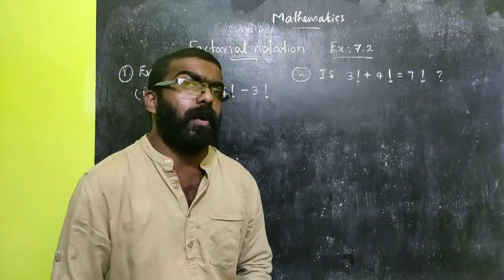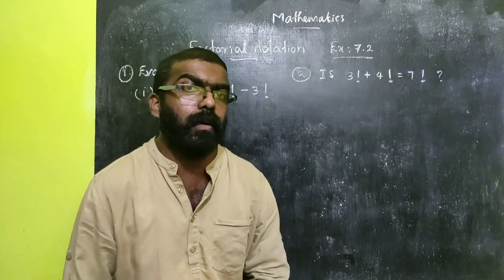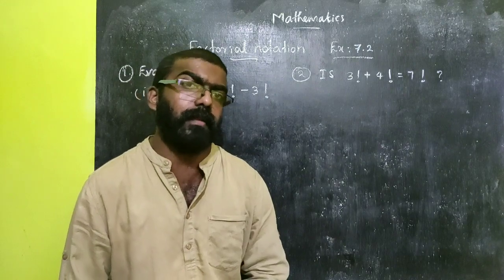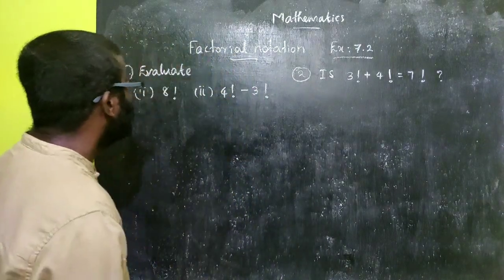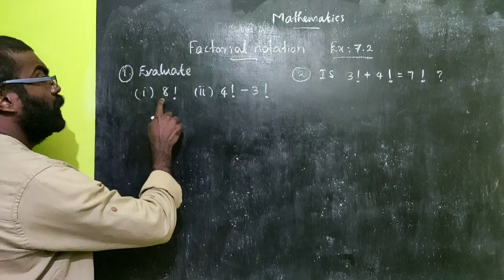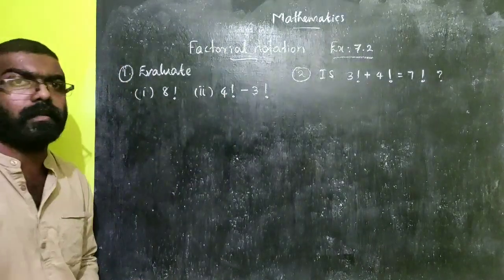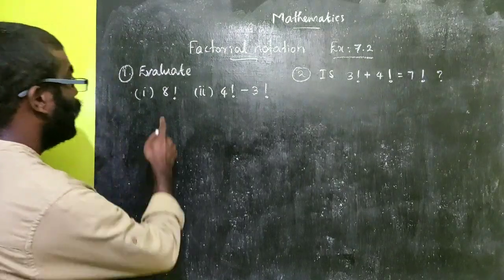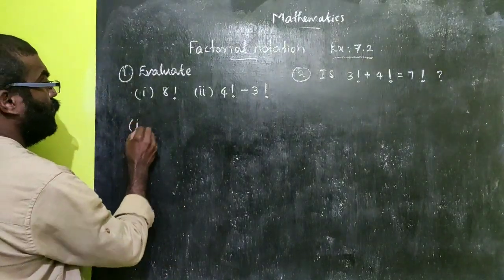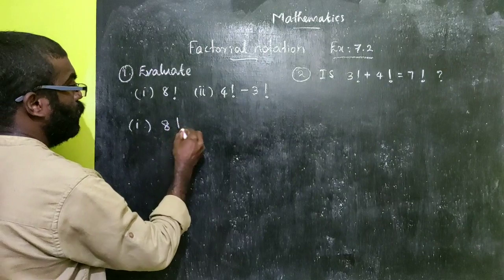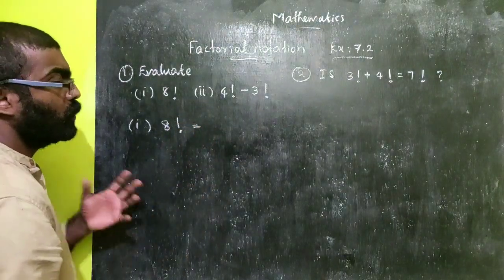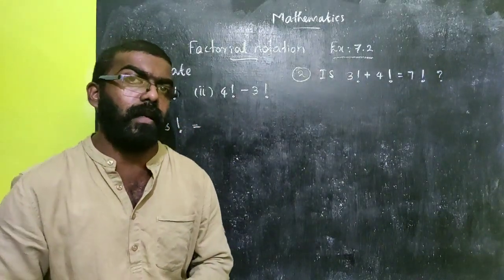Now we shall discuss some problems from exercise 7.2 of NCERT class 7 mathematics textbook. Here the first question is, evaluate, there are two sub questions, 8 factorial, then 4 factorial minus 3 factorial. First we can take the first one, 8 factorial. We know n factorial is the product of first n natural numbers.